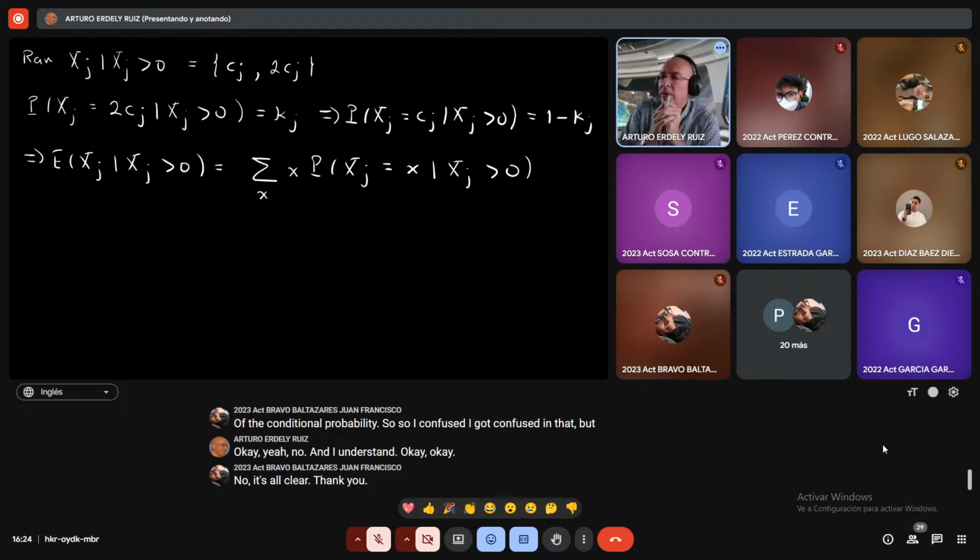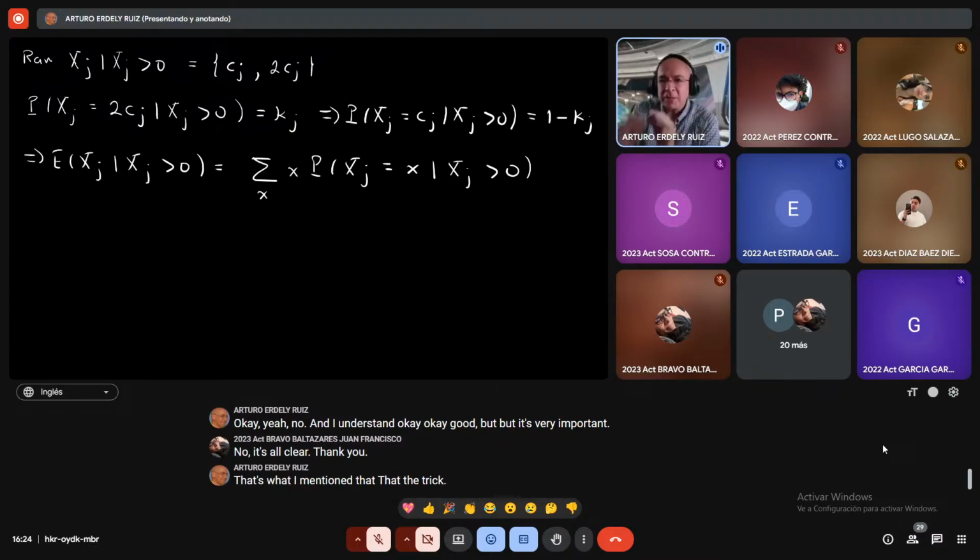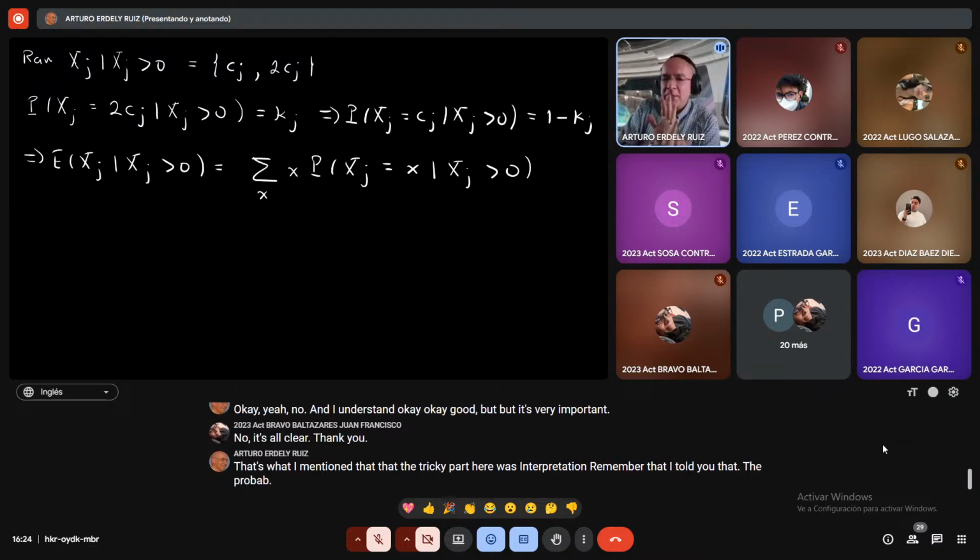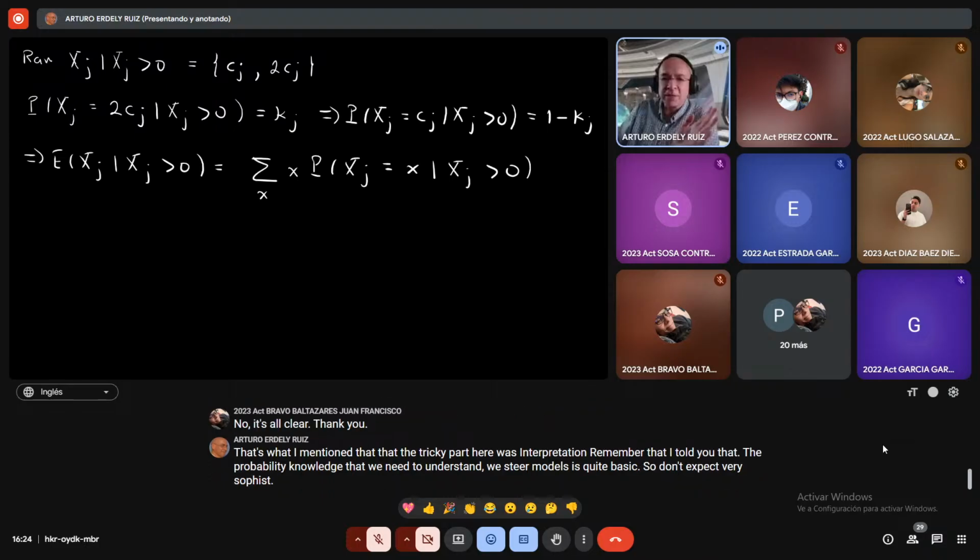Okay, good. But it's very important. That's what I mentioned, that the tricky part here was interpretation. Remember that I told you that the probability knowledge that we need to understand risk theory models is quite basic. So don't expect very sophisticated probability models here.